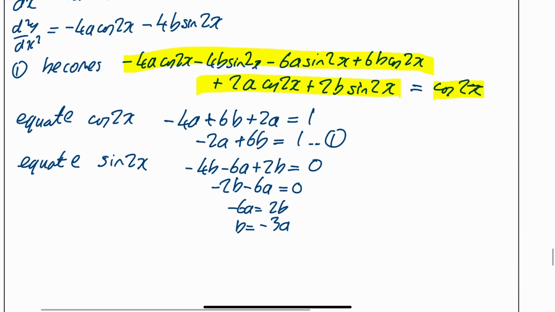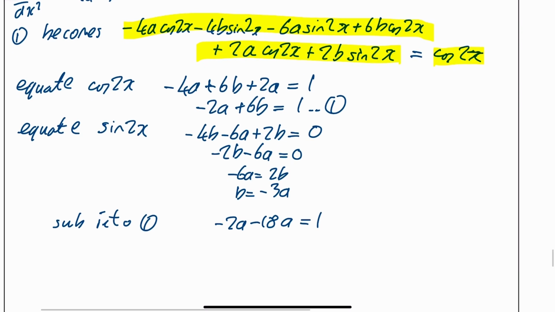So sub that into equation 1, and you're going to get minus 2a minus 18a, that was a 6 times a minus 3a, is equal to 1. And that works out to be minus 20a is equal to 1, so a is equal to minus 1 over 20.